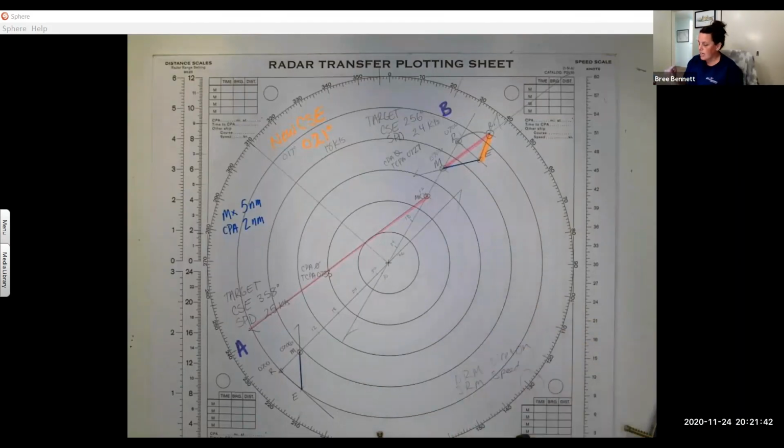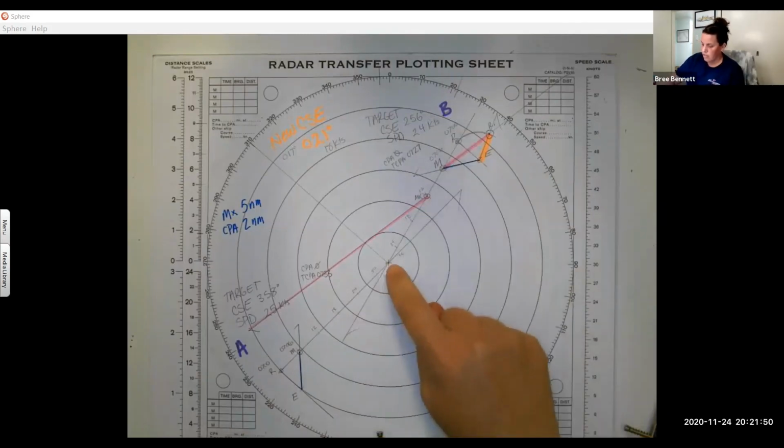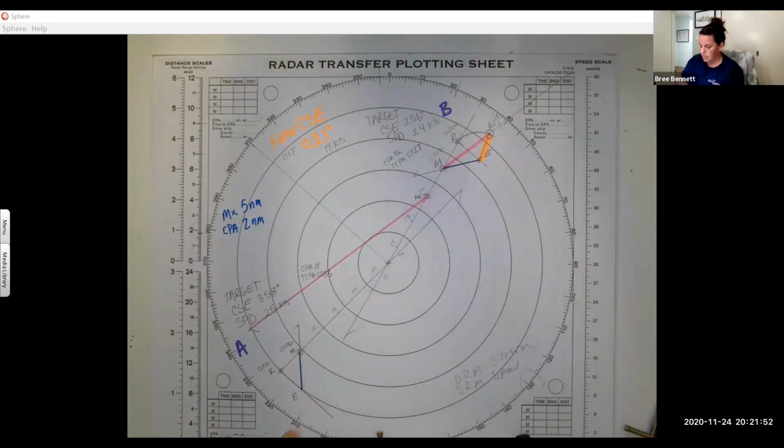I'll say, oh, they'll pass in front of me, they'll pass behind me. I could see what it is. So exactly, your CPA isn't your direction of relative motion, right? Your CPA here is 0, but your direction of relative motion is 210. But as a navigator, what are you going to do with that knowledge that the direction of relative motion is 210? I don't think it makes as much practical sense.